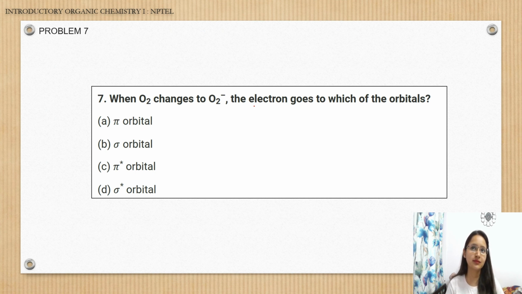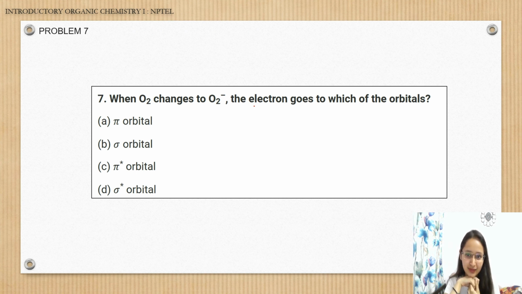So first you have to know the electronic configuration of oxygen. So oxygen has how many valence electrons in its shell? There are six electrons in the valence shell, right?